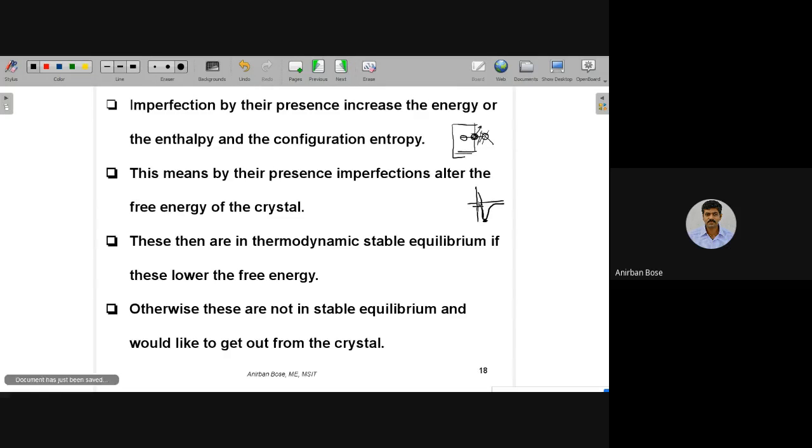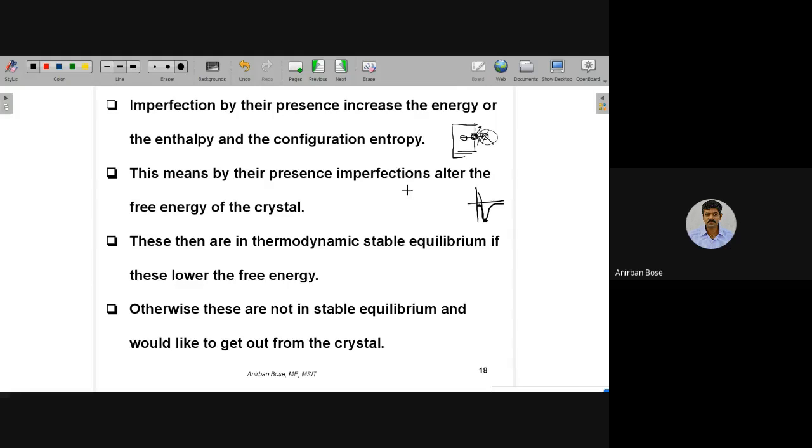So the atoms at the outer surface have higher energy; they are not at their minimum energy level. So you can understand that in the case of a surface atom, which is an imperfection because some of the bonds are missing, these bonds are expected but not there because it is at the outer surface, and because of that some energy has increased.